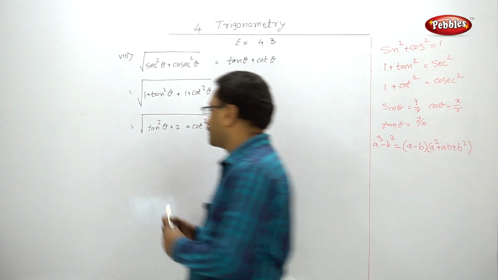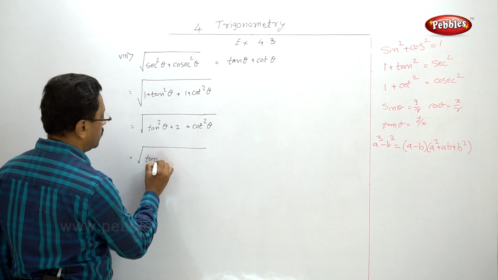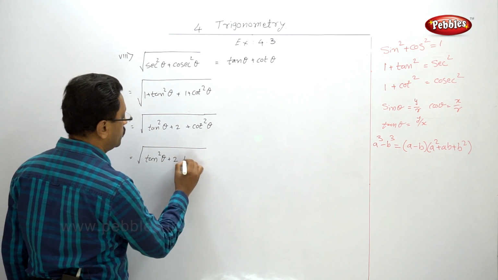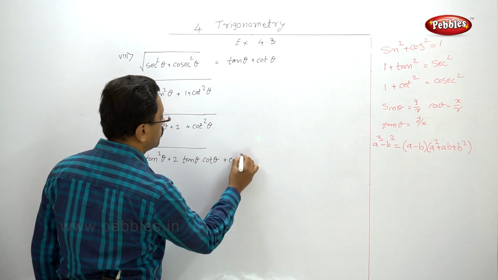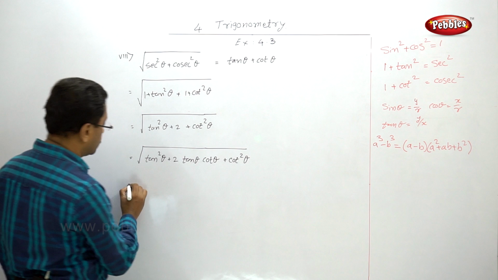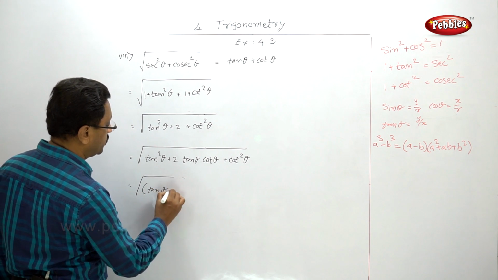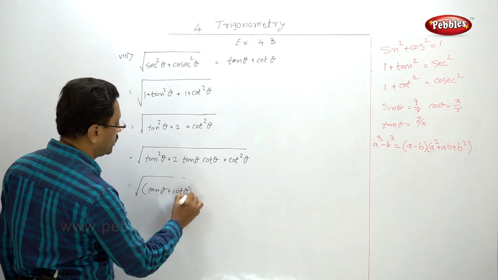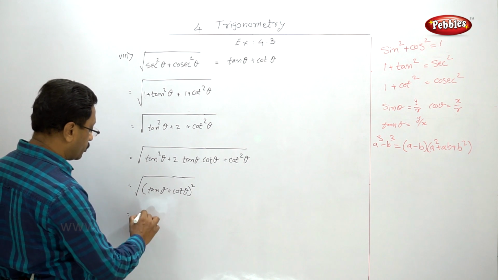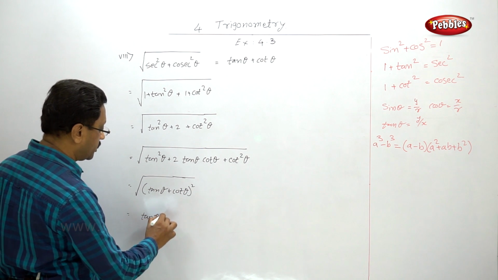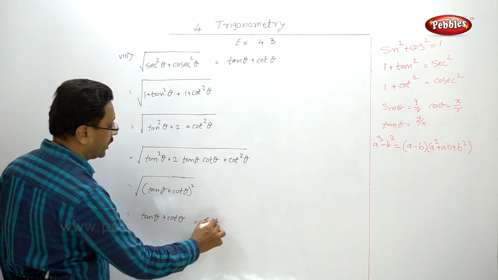So we can write it here equal to tan square theta plus 2 tan theta cot theta plus cot square theta. Is it not a perfect square? It is a perfect square of (tan theta plus cot theta) whole square. And taking the square root, we have tan theta plus cot theta, which is equal to the right hand side.